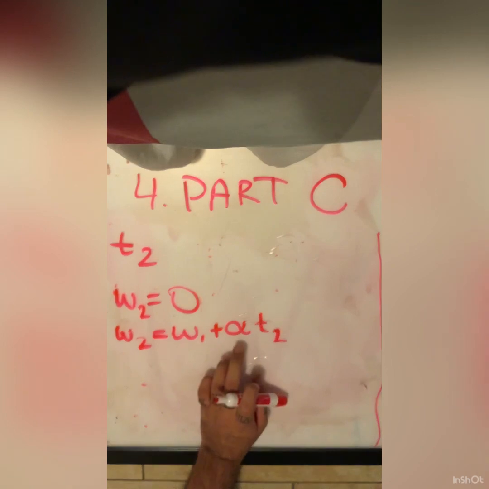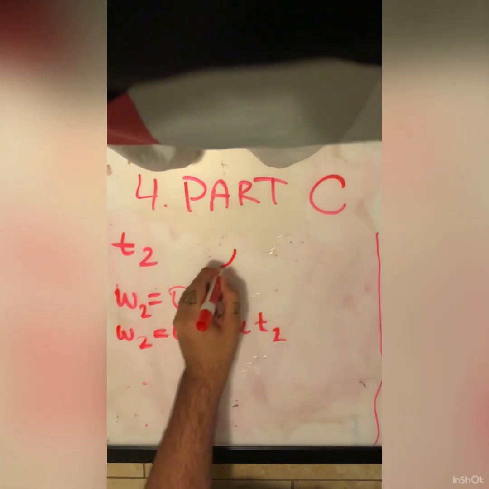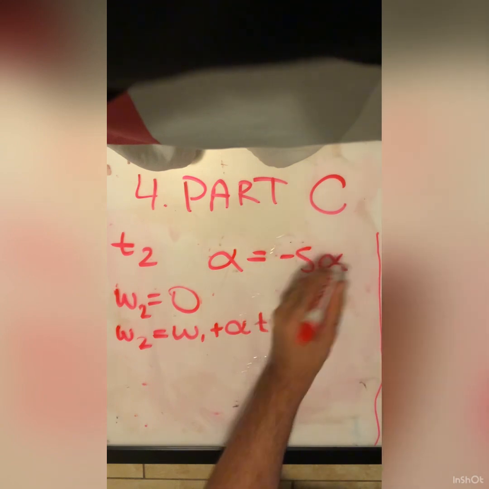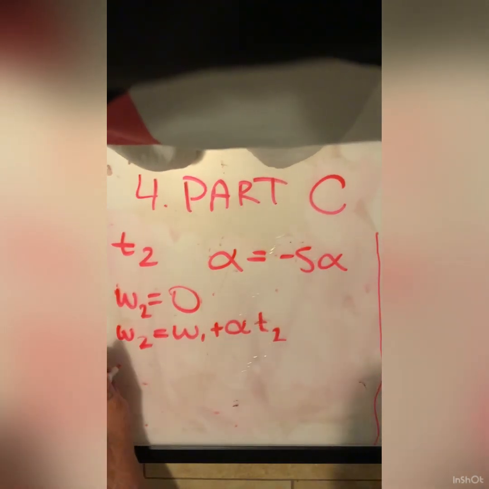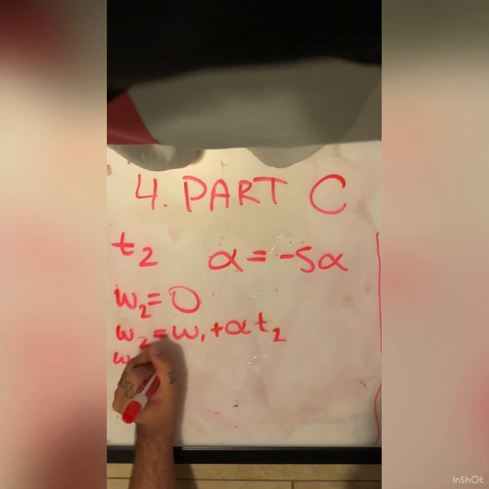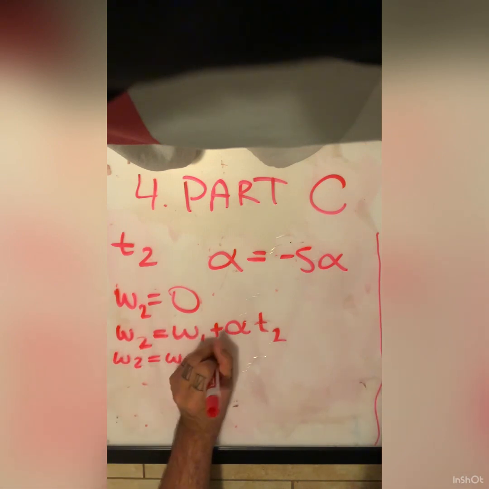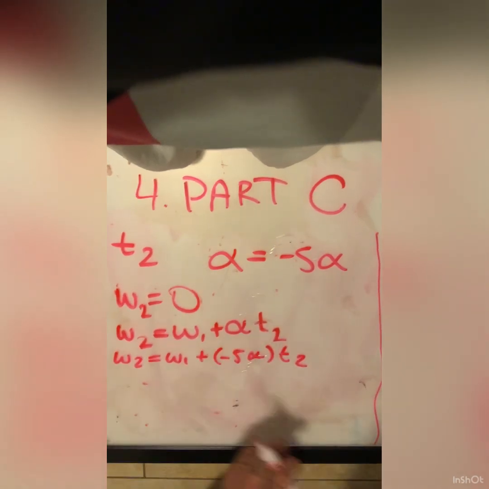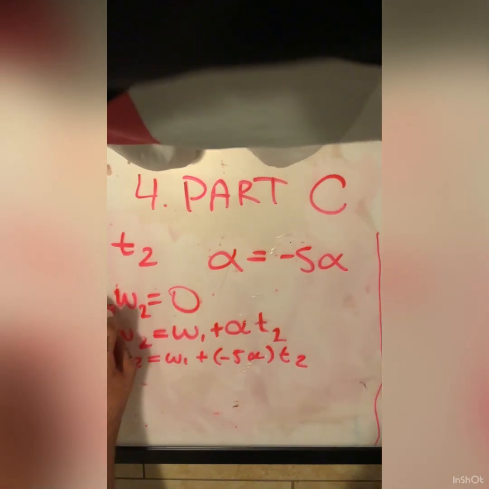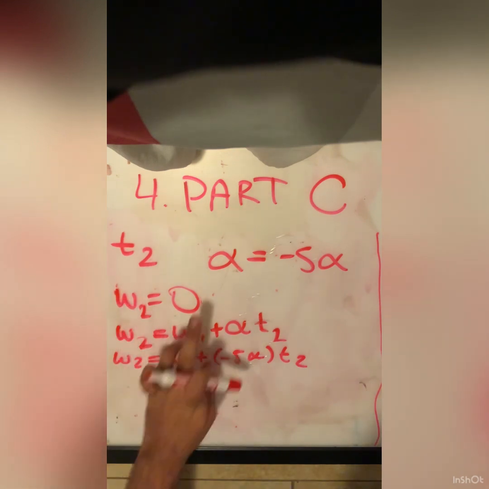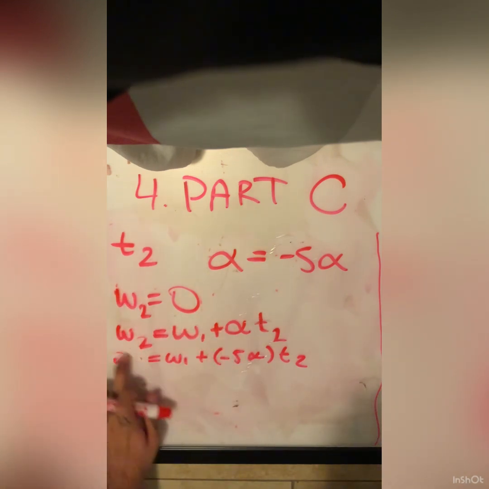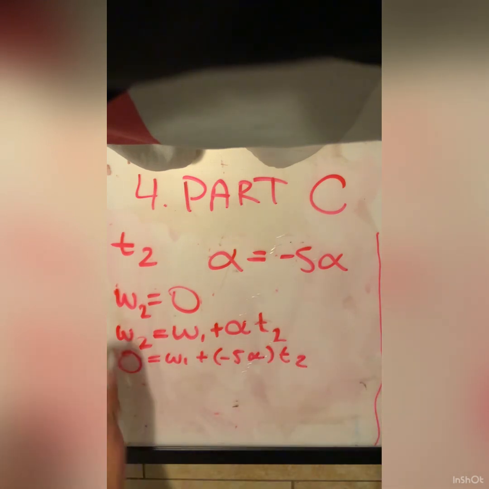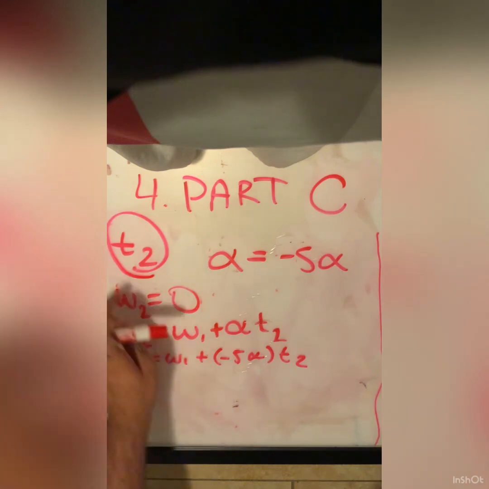The problem gives us that the acceleration is equal to -5, so we can plug that in here. And since our final angular velocity is 0, we can plug that in at the end of this one. And we are trying to find our second time.